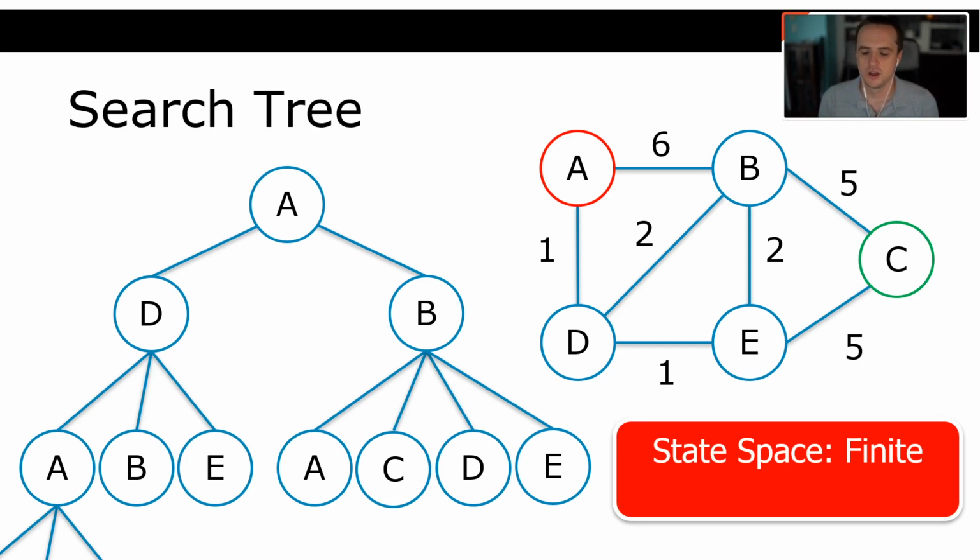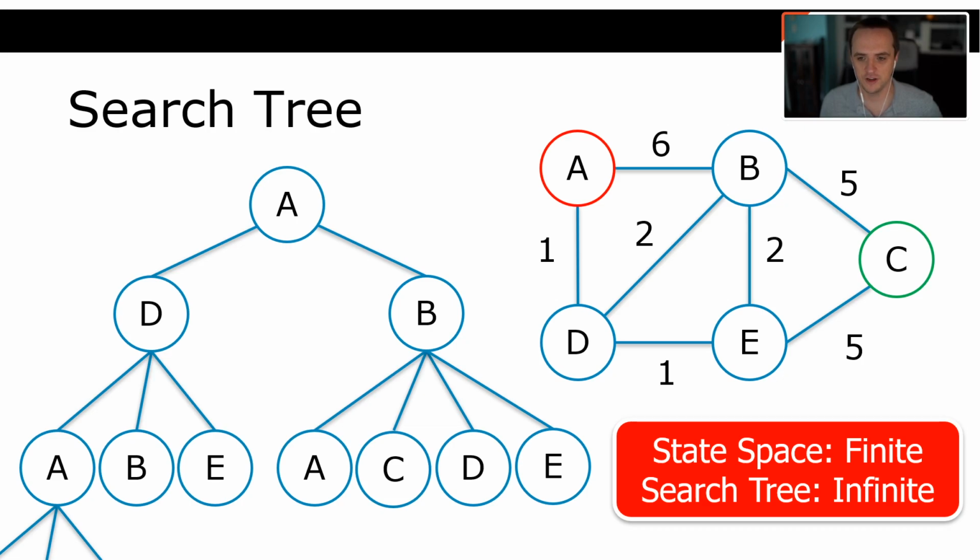So, one important thing to note is that the state space of this problem, meaning how many different states are there, right? A, B, C, D, E. The search space of the problem is finite. That means there are a finite amount of different states in this problem. But the search tree is infinite, right?